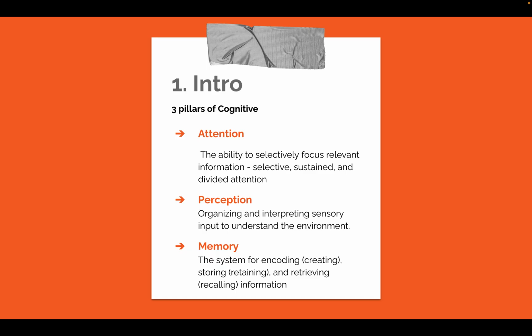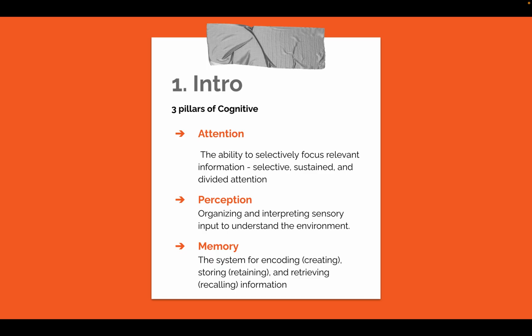So the 3 pillars of cognitive. The first one I decided to do on attention specifically. The ability to selectively focus on relevant information: selective, sustained, and divided attention. For the second one, I decided to do perception, which is organizing and interpreting sensory input to understand the environment.